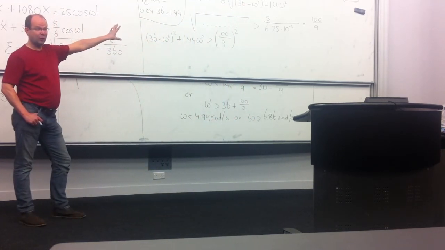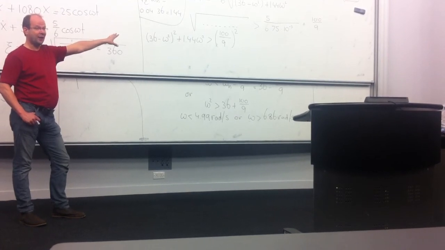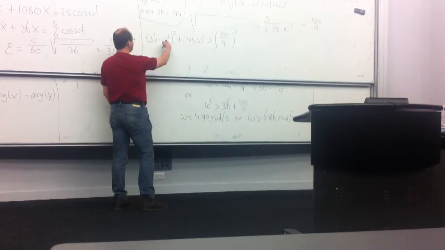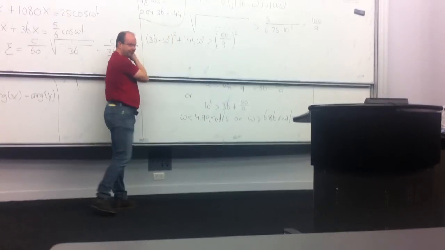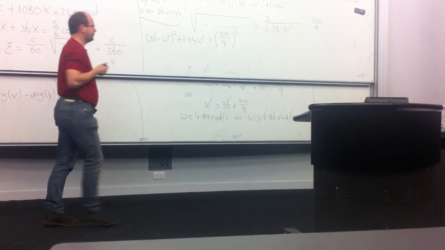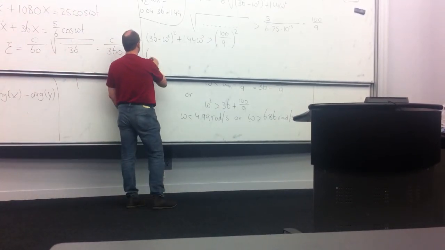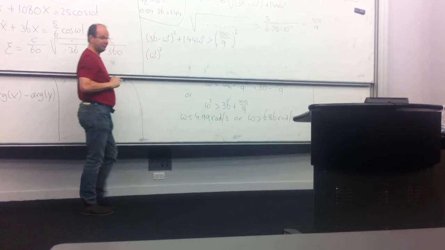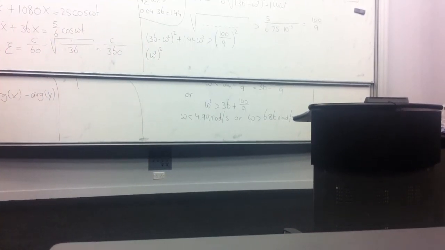So you can make omega squared the subject rather than omega itself. So if I expand, I get minus omega squared plus omega to the power 4. But I rather write this omega squared, just to indicate that omega squared is going to be the subject.